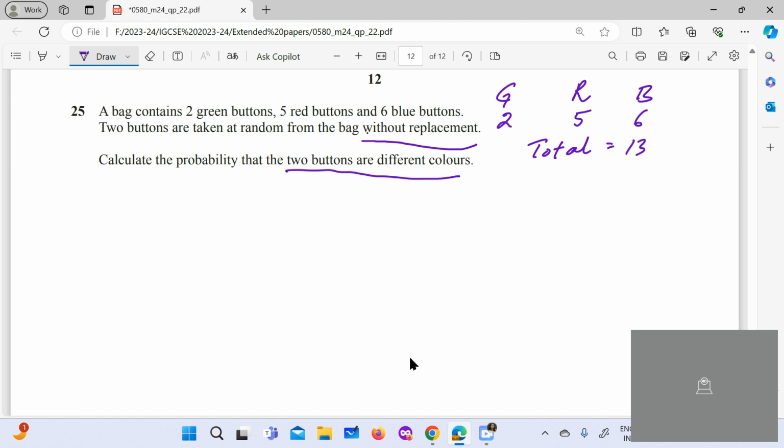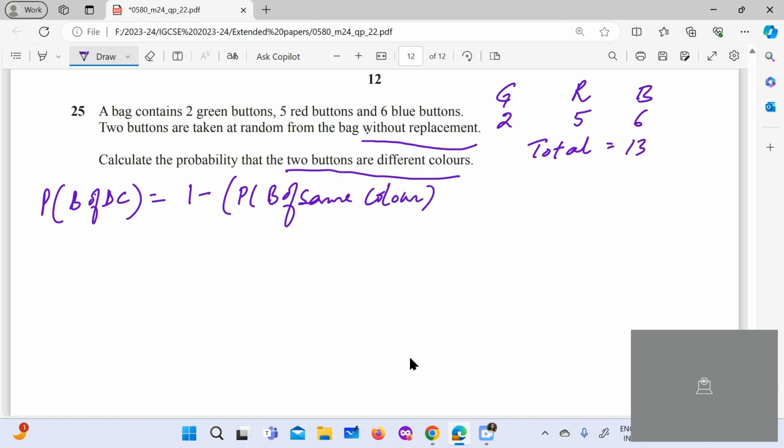Okay, so what we can do is, to find the probability of two buttons of different colors, we can do 1 minus the probability of buttons of the same color. This is easier to find, so we will do this.